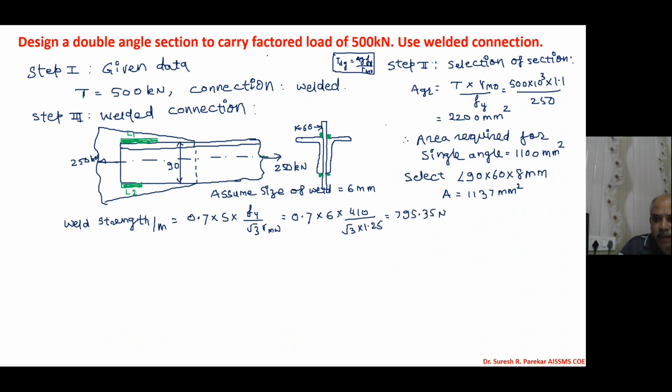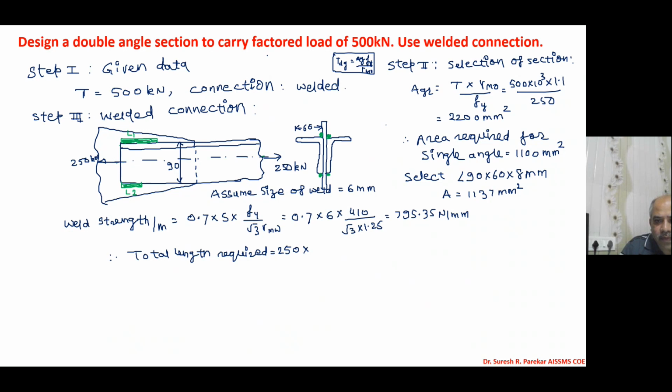And we will get this value, as we have already seen, 795.35 Newton per millimeter. So total length required, and that is equal to, now we know that is force. Now we are going to be with single angle.